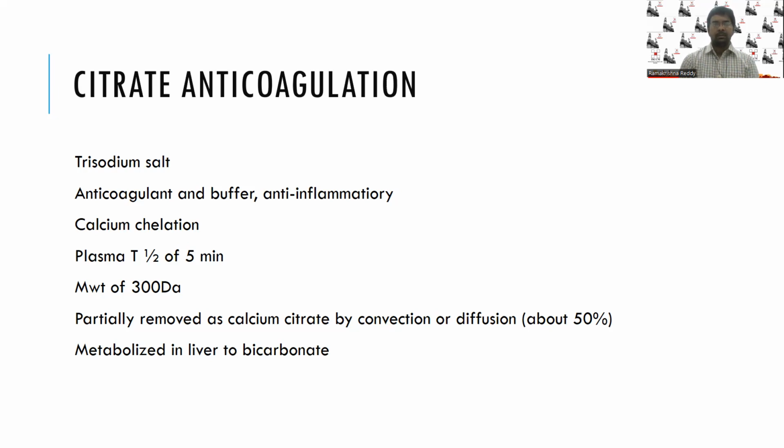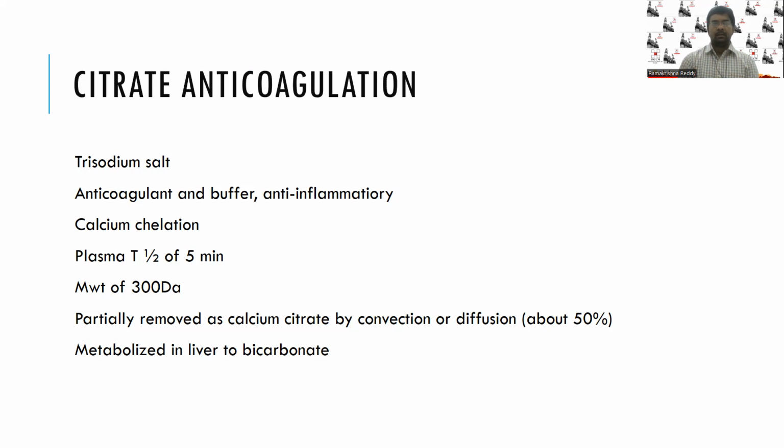Citrate works as an anticoagulant because of calcium chelation. As you all know, calcium is the most important mediator, also a coenzyme for many enzymes in the coagulation pathway. So by combining with the calcium, it causes calcium chelation, thereby preventing clotting in the body.